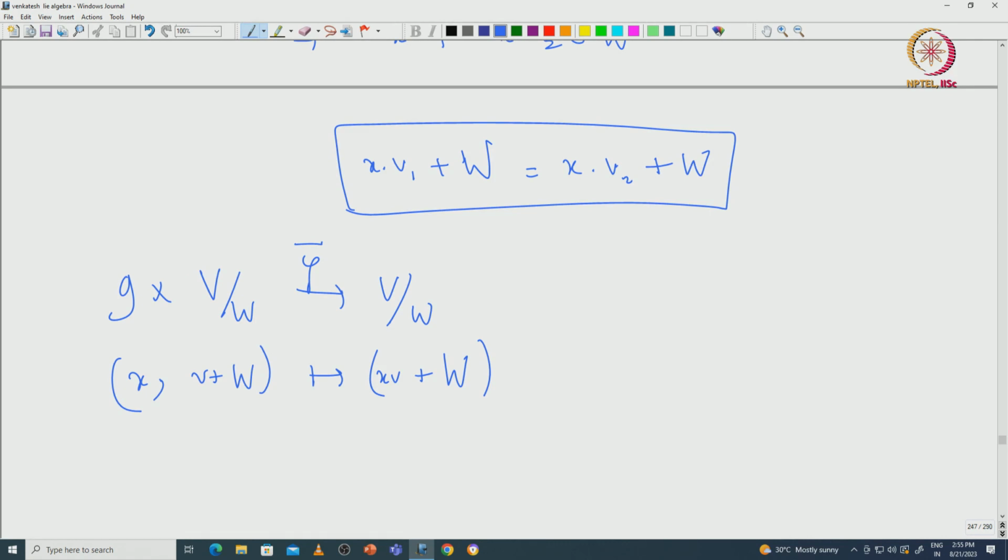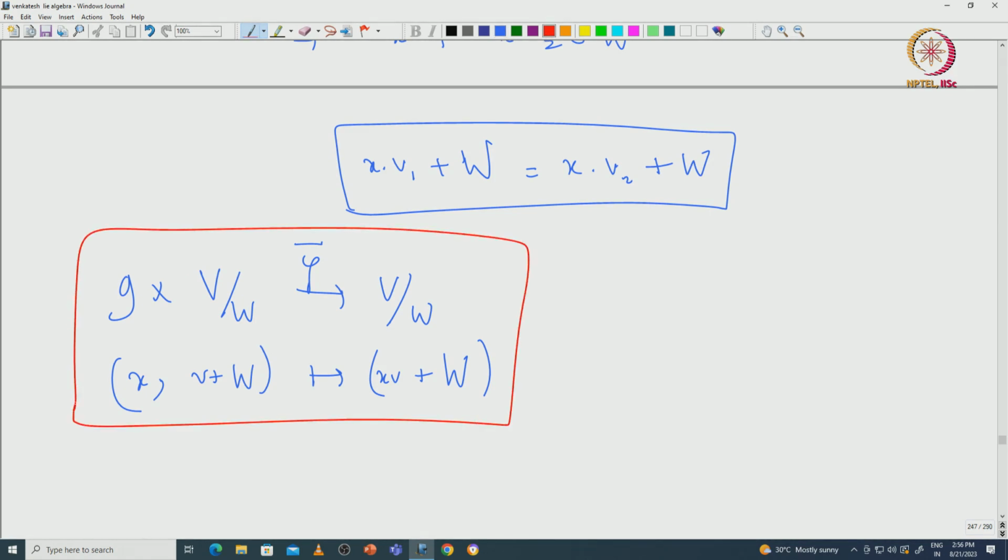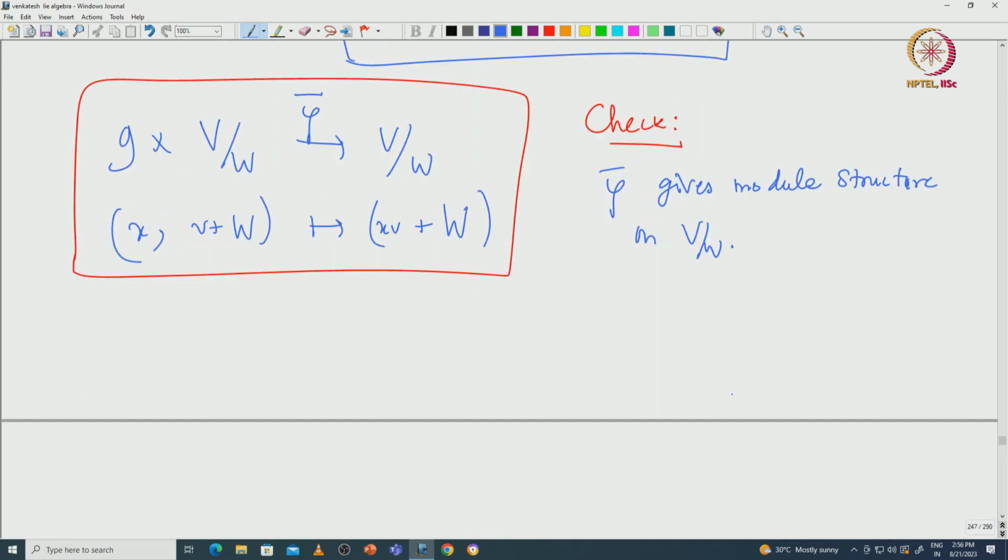I will leave it to you to check that this phi bar actually gives a module structure on V mod W. This is not that hard, one can easily check.